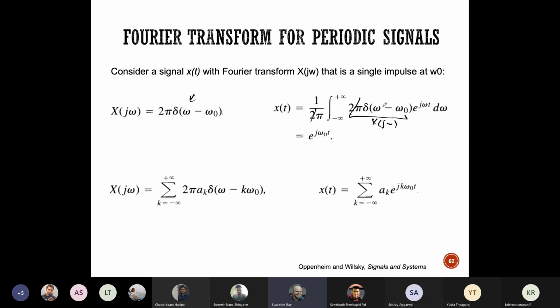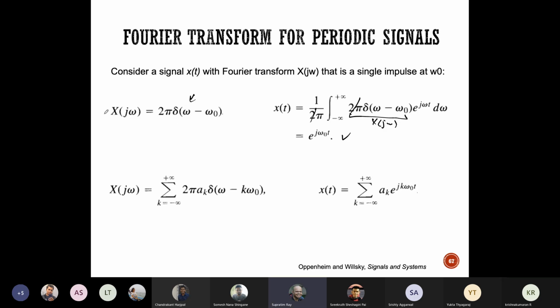This gets cancelled, and the delta function, whenever you integrate it with any function, just takes the value wherever the delta function is. So you get back this. And this is a complex sinusoid, e to the j omega t, which is cos omega t plus j sin omega t.